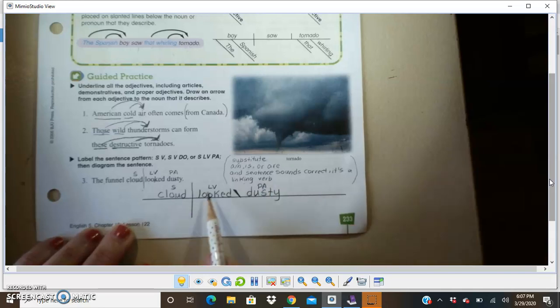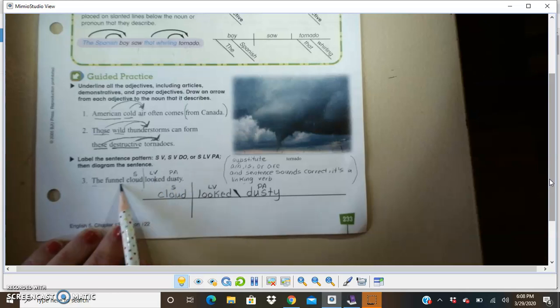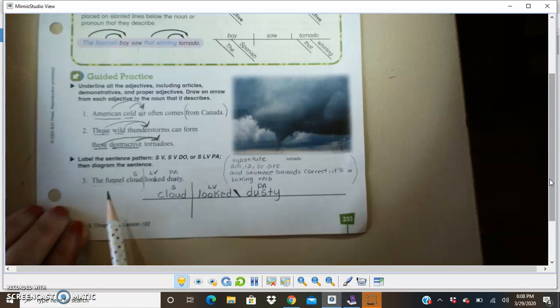So cloud looked dusty. We've used cloud looked dusty, but we haven't used these two words right here. What do we do with these two words? We're going to diagram them. Where do we put them? Well, this is an article, it's a special adjective.